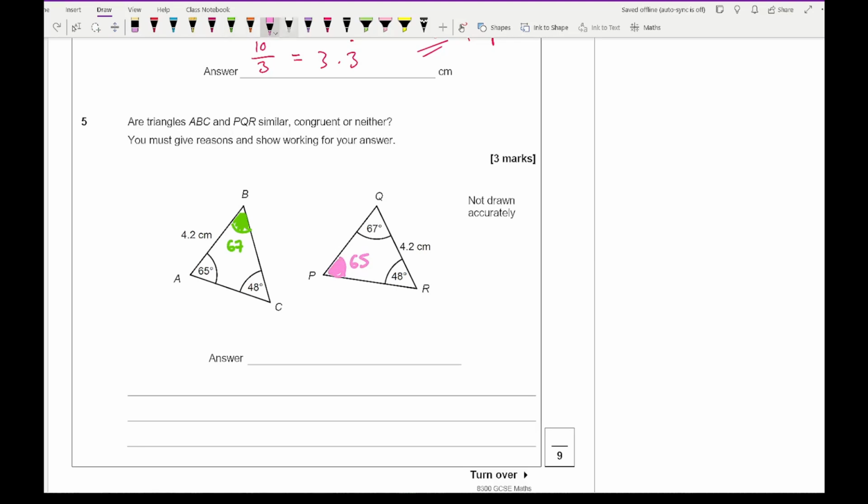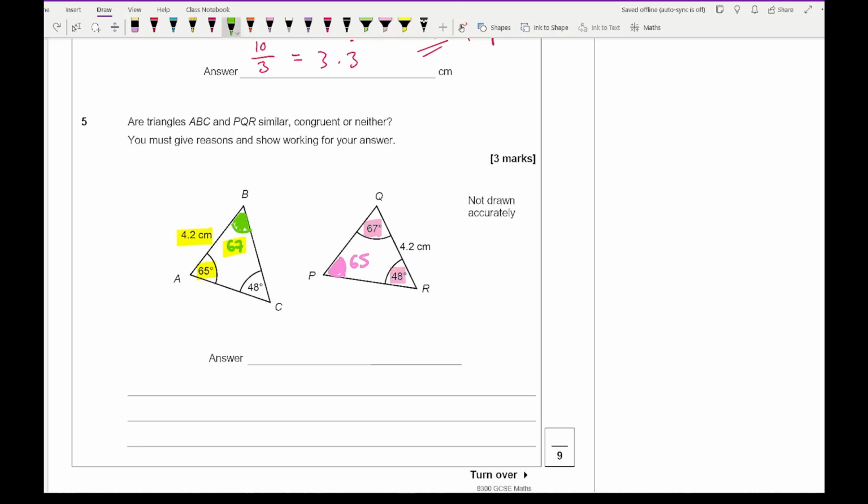Now the key thing I need to spot is that looking at the sides, I've got a side of 4.2 centimeters. However, on triangle ABC, the 4.2 centimeter side is on the side that's got the 65 and the 67, whereas on the other triangle the 4.2 is on the side of 67 and 48.